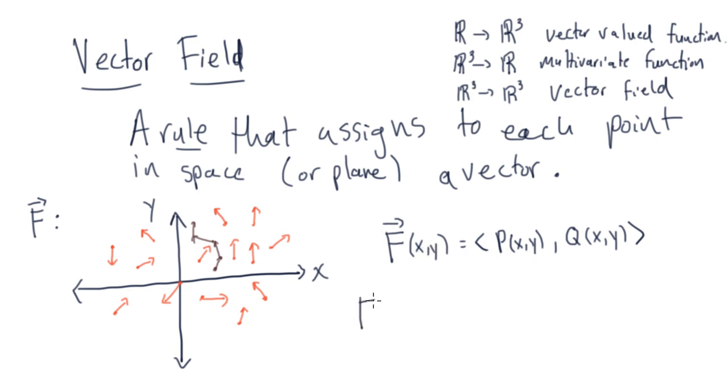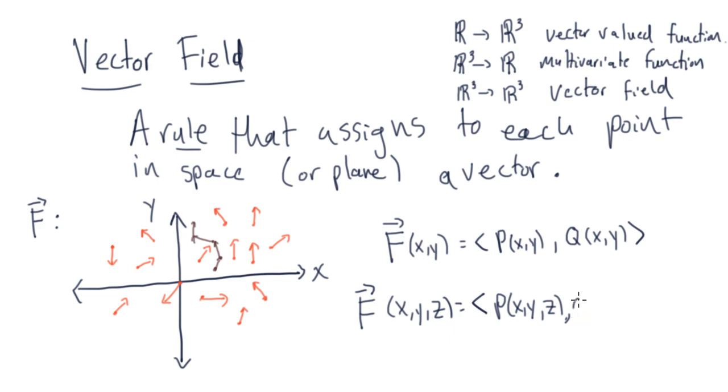Now if I have a vector field in space, I'm going to input three numbers, x, y, and z, and I'm going to have three component functions. So I'm going to have P, and P is going to depend on all three variables, x, y, and z in general.